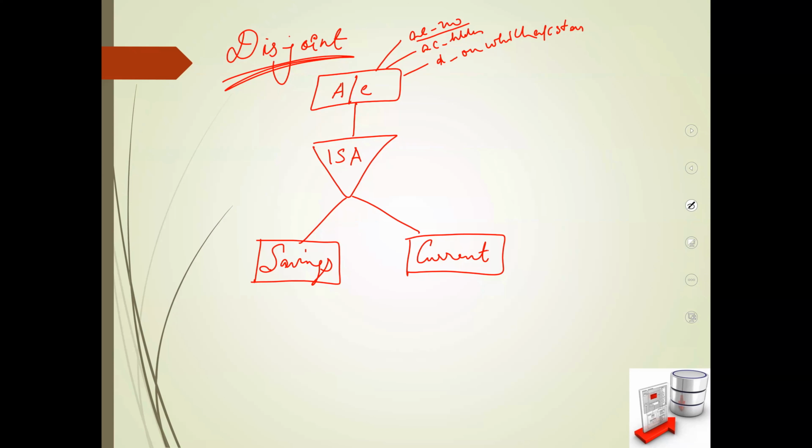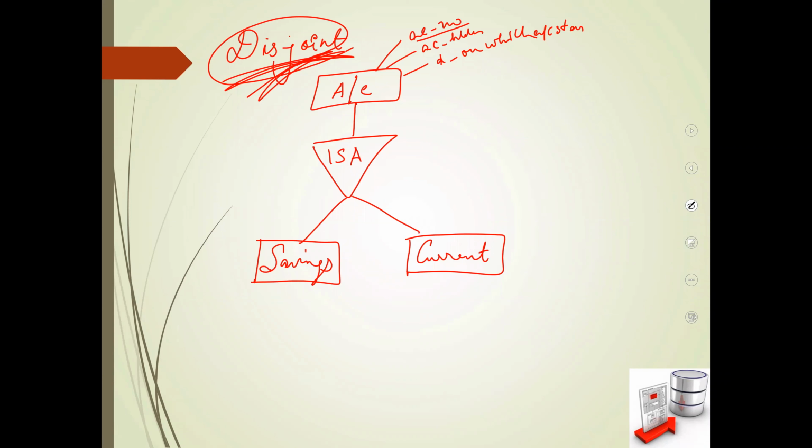Now let us see what we mean by a disjoint constraint. A disjoint constraint means the higher level entity at the same time cannot be both of the lower level entities, which means very simple. An account cannot be a savings and a current at the same time.